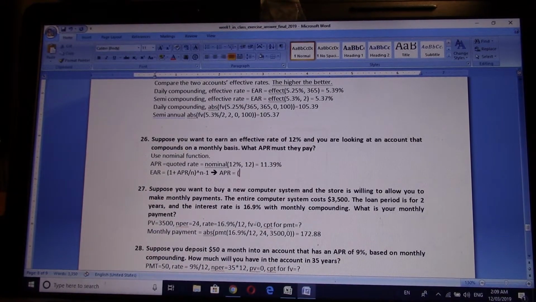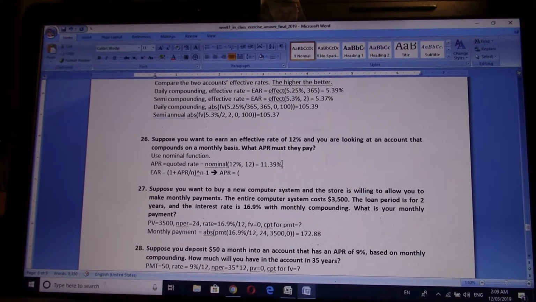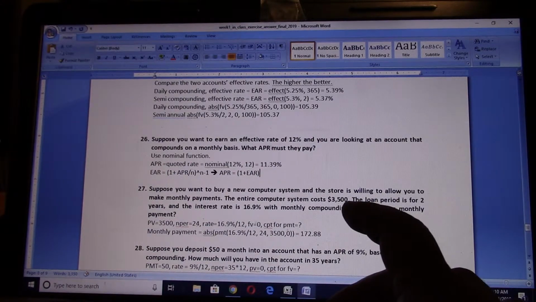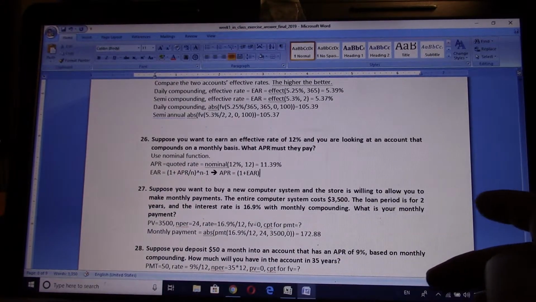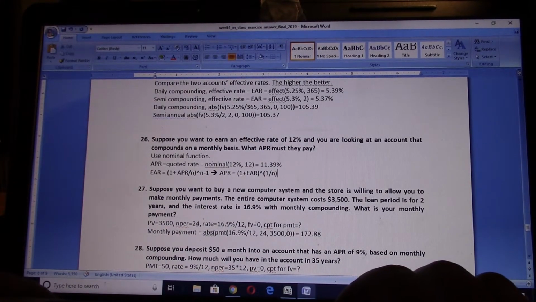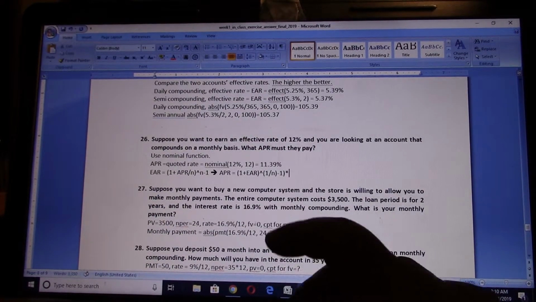So the APR equation should be: 1 plus EAR, with the power 1 over n, subtract 1, multiply by n.